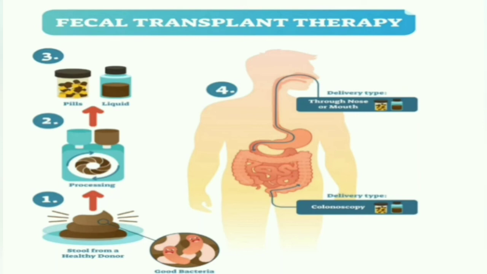The stool from a healthy person is processed, made into pills or liquids, and then delivered into the body either through the nose or mouth, or even by using a colonoscopy.